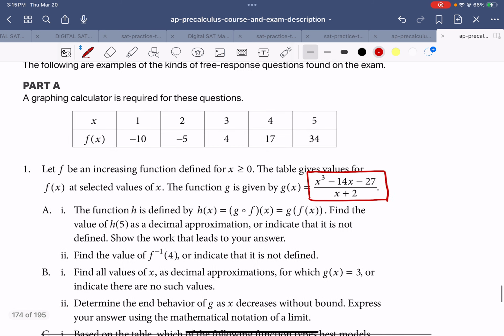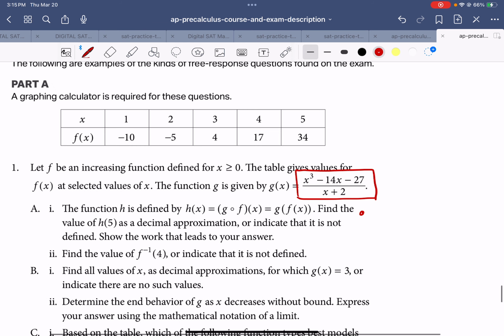Okay, so they ask you what h of 5 is. h of 5 is the same as g of f of 5. If you have a composite like that, you start from inside. So f of 5 is right here, right? That's 34. So you substitute 34, so g of 34.